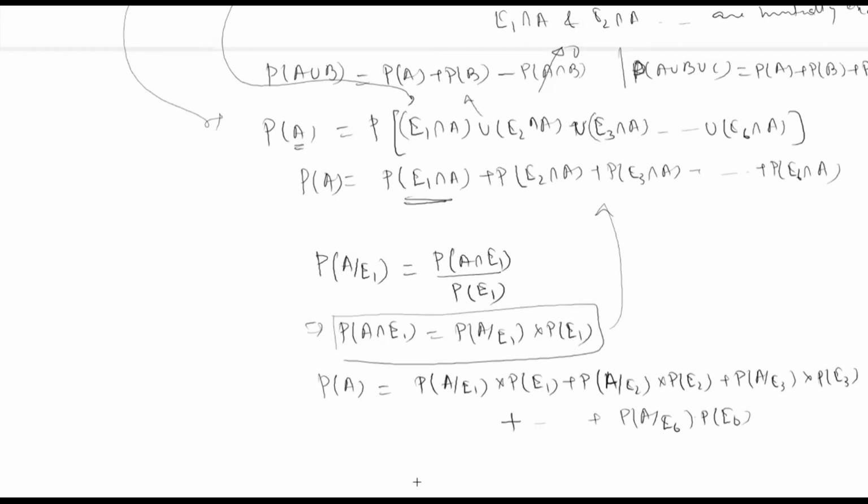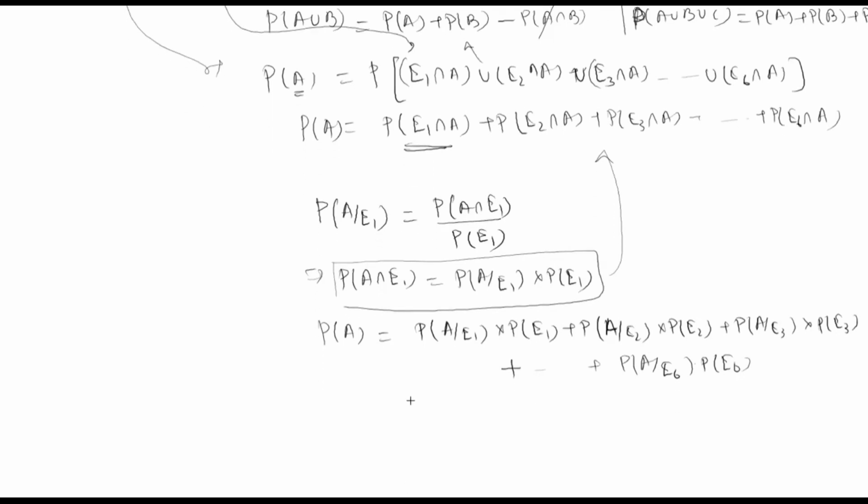So in general, this is the total probability. It is represented as the sum of P of A given Ei into P of Ei, wherein i is varying from 1 to n. Here I've just made it from 1 to 6, but it could vary from 1 to n.